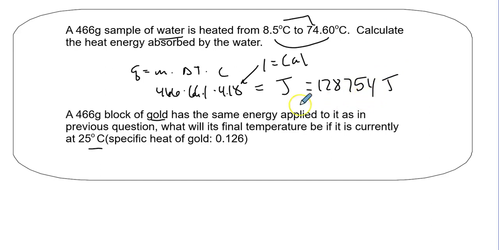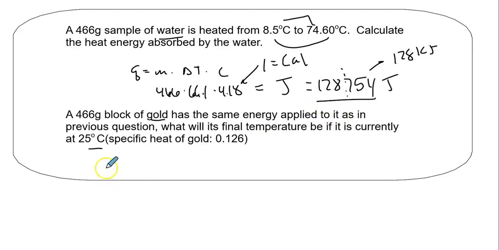Now that's 6 sig figs. I would only want 3 here, so I can cut it off if I'd like. That would be equivalent to 128 kilojoules, moving over 3 spots.